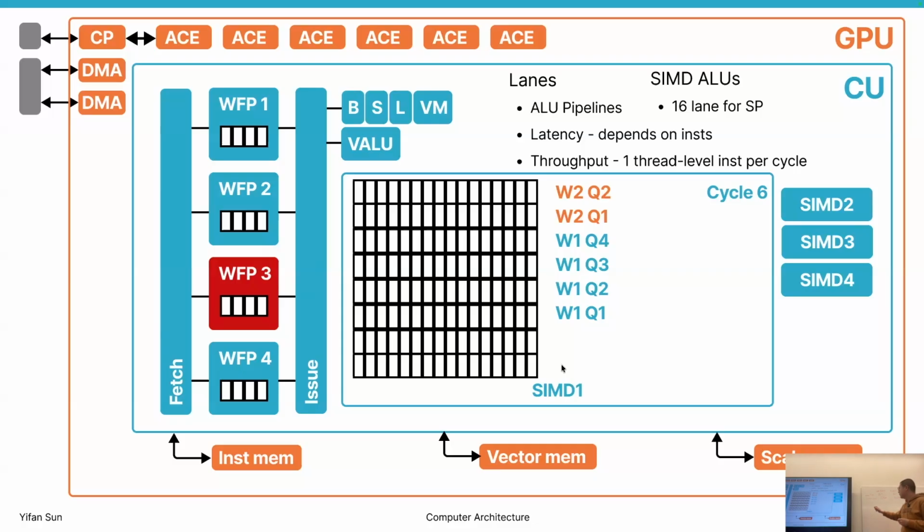Okay. Then the issuer, or issue unit. There's 1 issue unit per CU here. There are 4 per CU there. So why 4? Because you have to issue to every SIMD unit in every cycle.